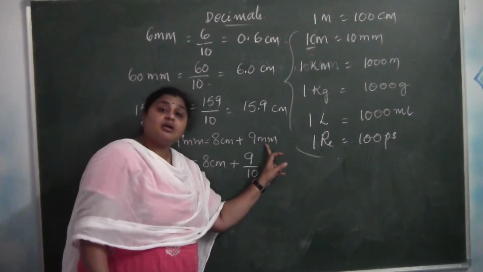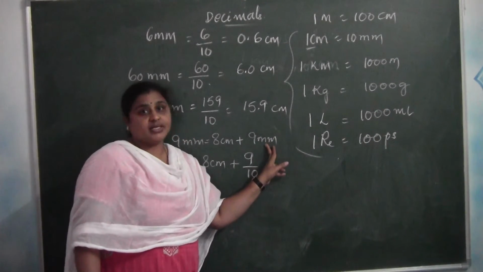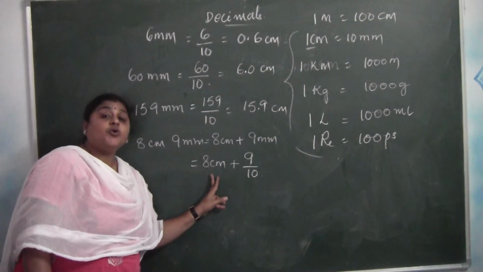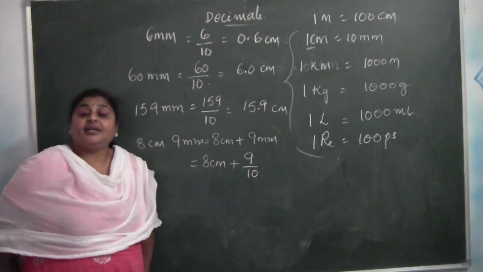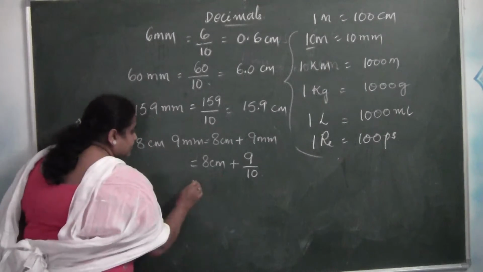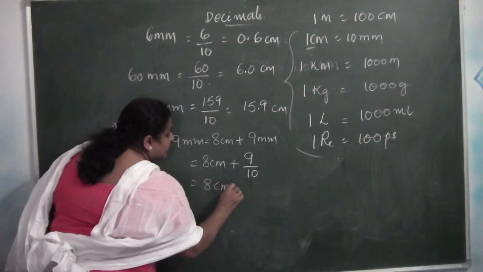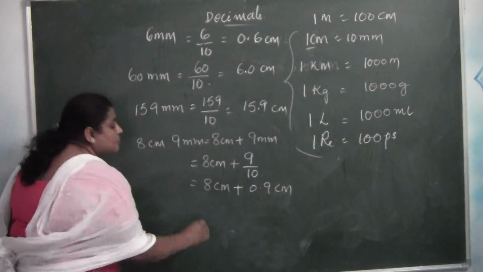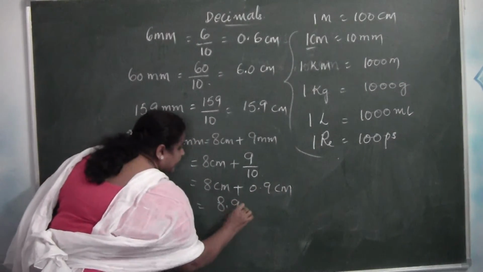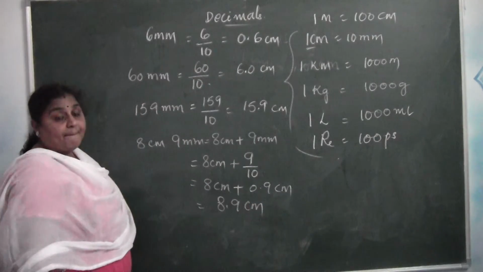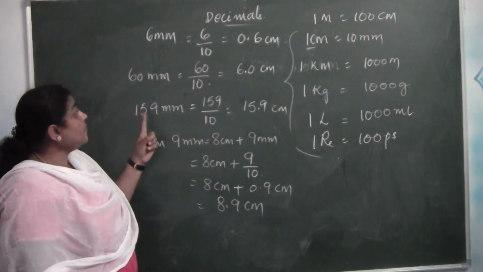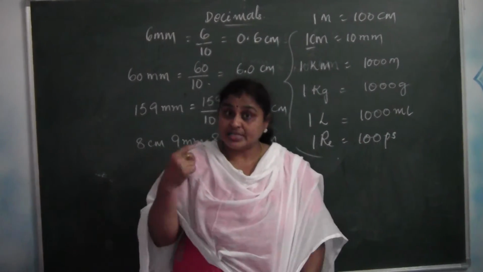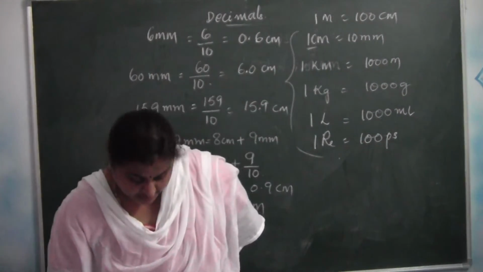Because millimeters we have to convert into centimeters. Here if we observe, 8 is already in centimeters, so only 9 we have to convert into centimeters. So 8 centimeters plus 0.9 centimeters. So what it will be? 8.9 centimeters. So this is how you are converting millimeters in terms of centimeters using the decimals.